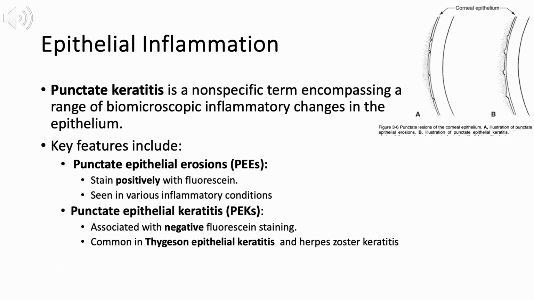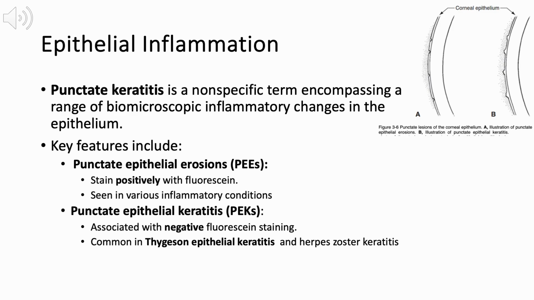Epithelial inflammation of the cornea, punctate keratitis, is a nonspecific term that encompasses a variety of biomicroscopic inflammatory changes affecting the corneal epithelium. Punctate epithelial erosions, or PEEs, are small epithelial surface defects that stain positively with fluorescein dye. These erosions are seen in numerous inflammatory conditions and represent true breaches in the epithelial surface.